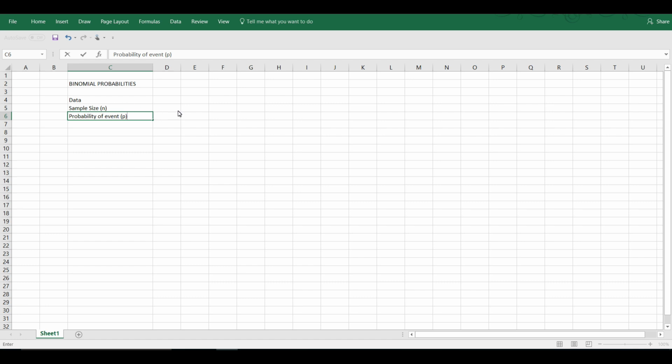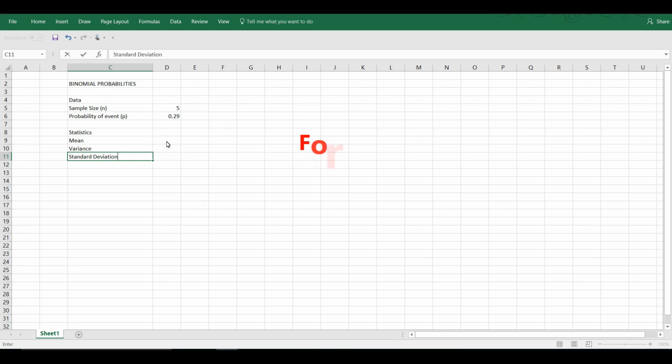And for our example, the sample size was 5, and the probability was 0.29. And now we can have the statistics. We are going to compute the mean. We can compute the variance, and we can compute the standard deviation.